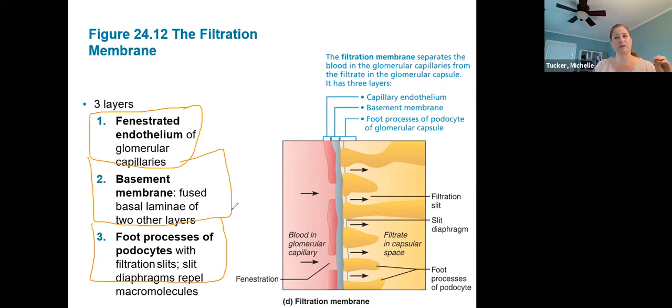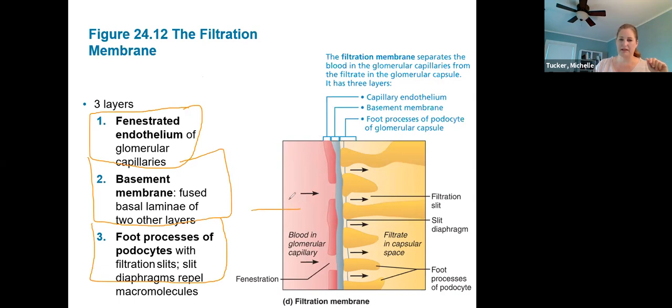So just like before, you'll have to identify the three components of, this time, the filtration membrane from a list. And you'll have to check the three, which would be the fenestrated endothelium of the glomerular capillaries, the basement membrane, and these foot processes of the podocytes.